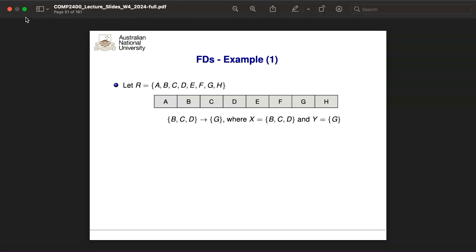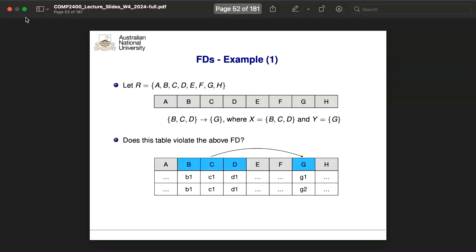Let's do a simple exercise. If we have a relation schema A, B, C, D, E, F, G, H, and a functional dependency B, C, D determines G, then X is B, C, D and Y is G. If we have two tuples in this table, can we say this table violates or does not violate this functional dependency? Violates, right?